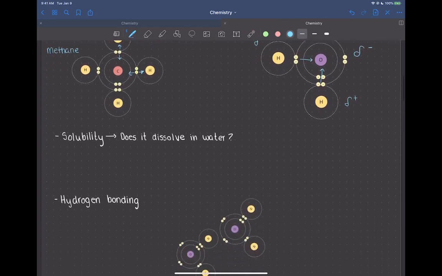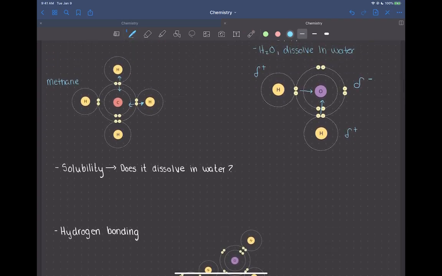All right, and one really important thing to think about, especially as we go through this class, is whether something is soluble in water. Solubility means, does it dissolve in water or not?